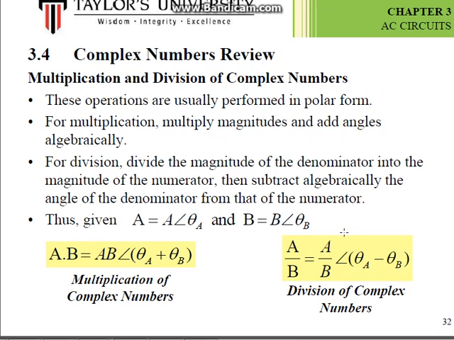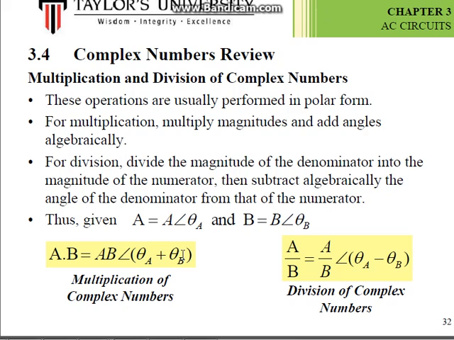For multiplication or division, how do we multiply two polar forms together? For the magnitude, the number itself, you just take a multiplied by b. But for the degree itself, for multiplication, what you do is you add the two degrees together.